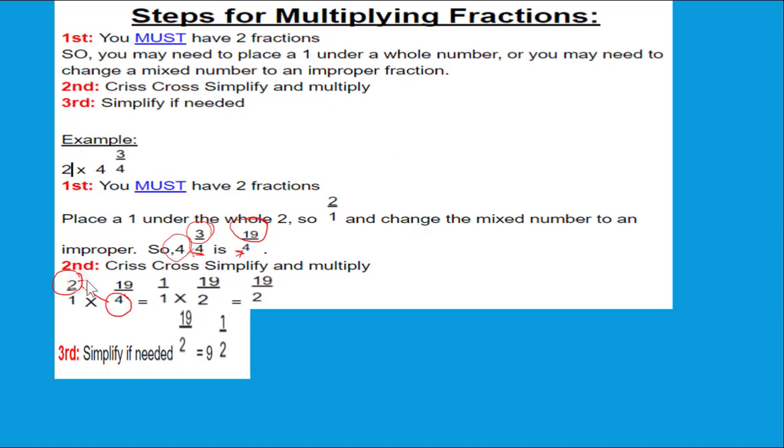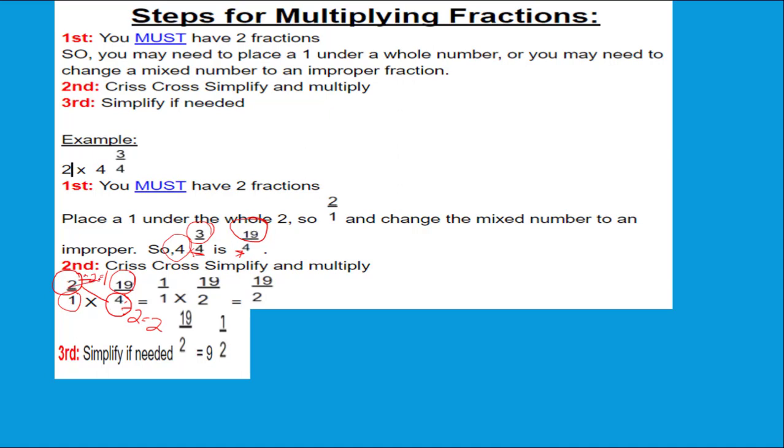We're going to do the same thing to this numerator as we do to the 4. So 2 divided by 2 is 1. 4 divided by 2 equals 2. Let's look at the 1 and the 19. Can those both be divided by something other than 1? No. So those are okay.